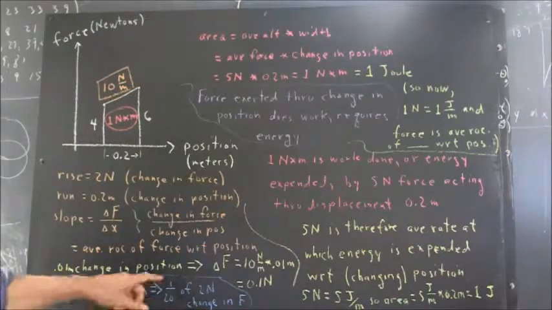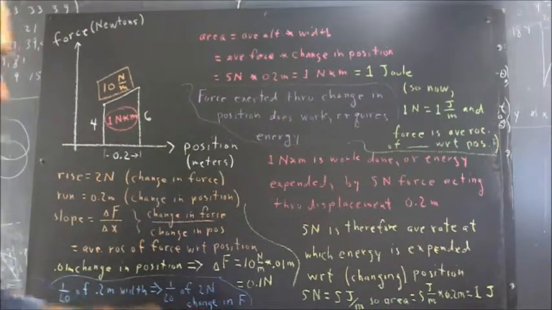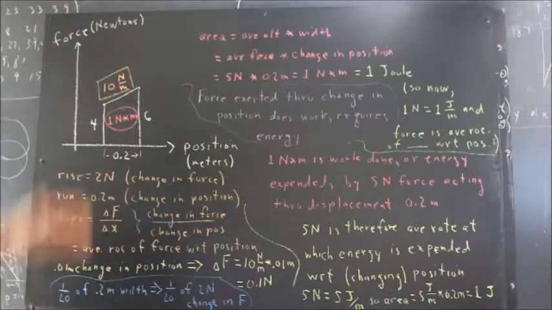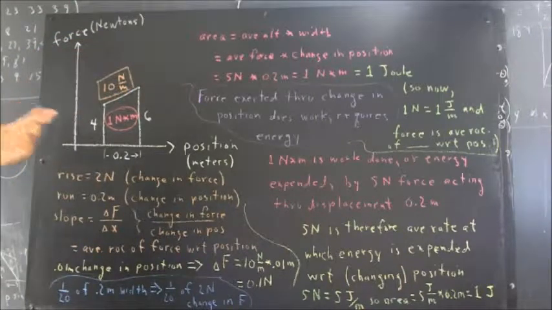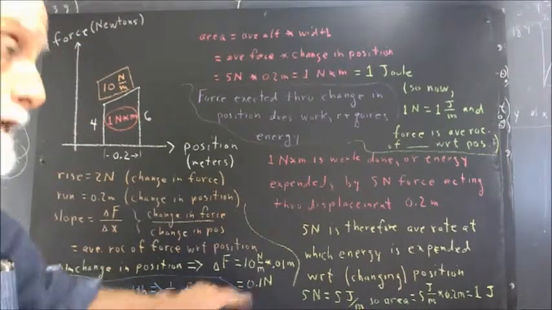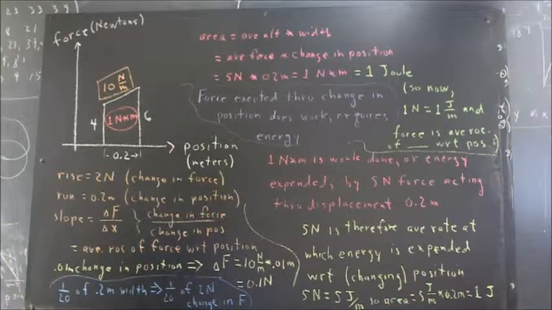That should give us 1/20th of the 2 newton change in the force. Well, 1/20th of the 2 newtons is 0.1 newtons. So that's all very consistent. Okay, so this interpretation is relatively straightforward, but of course it takes a little bit of getting used to.